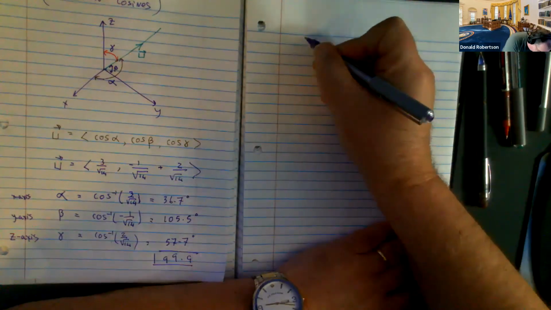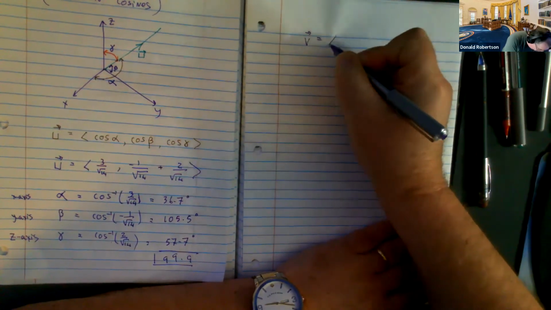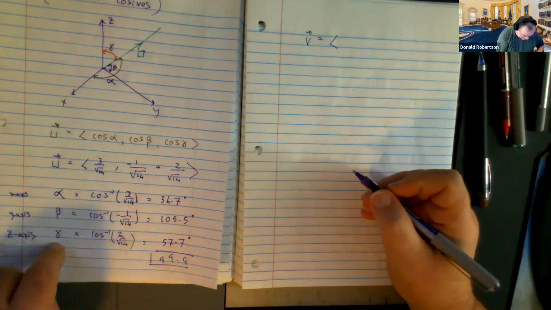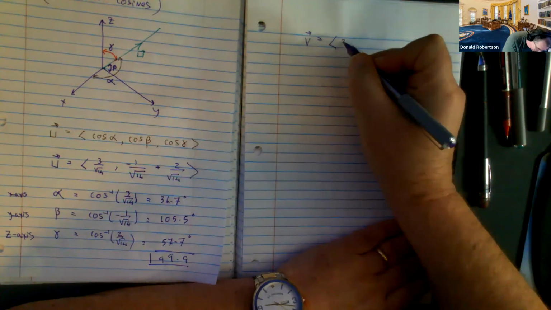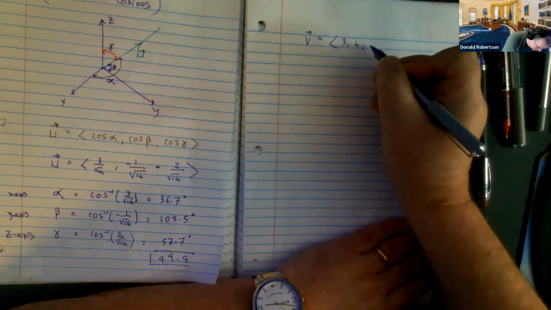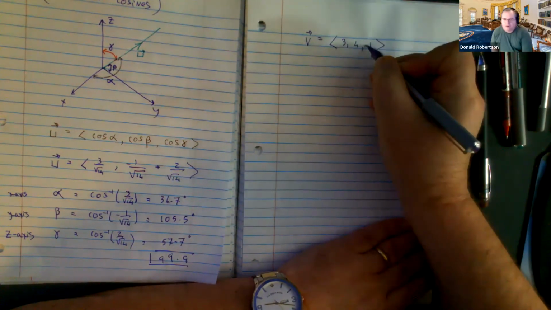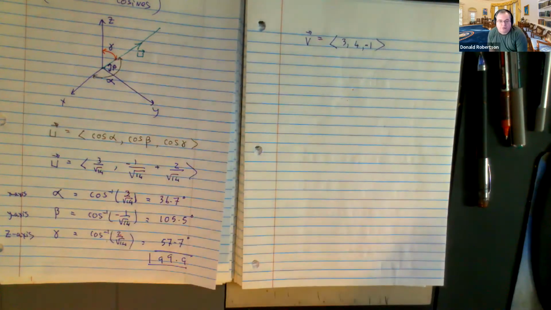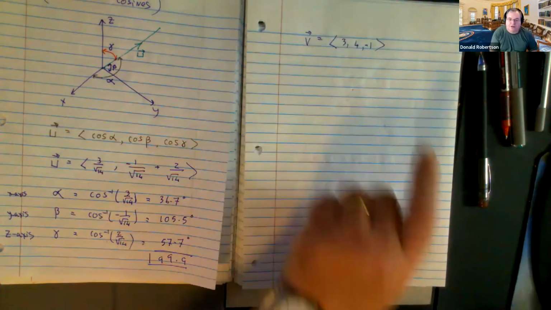But what happens if I want to know alpha, beta, and gamma, and the vector that I give you is not a unit vector, but I still want to know what angle this makes with the x, the y, and the z axes?